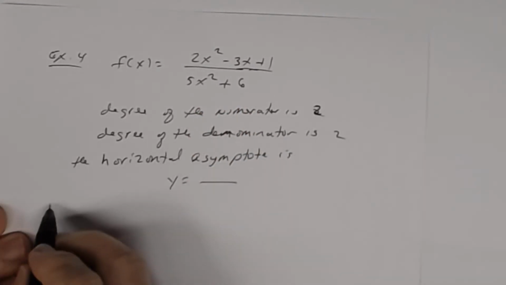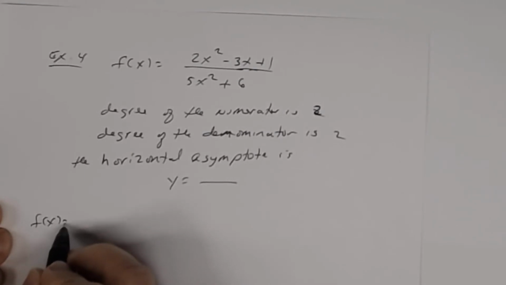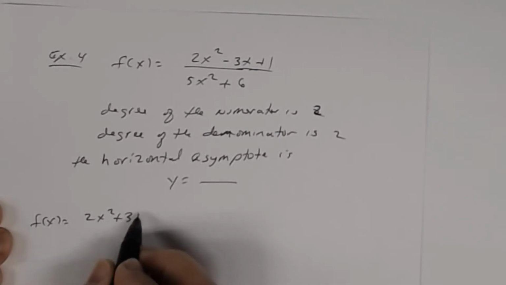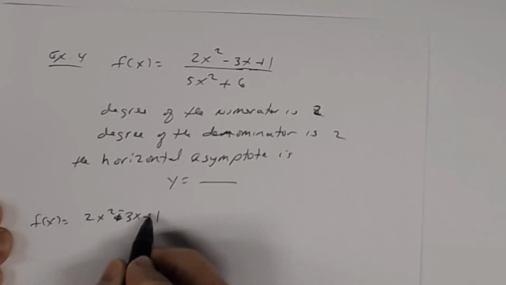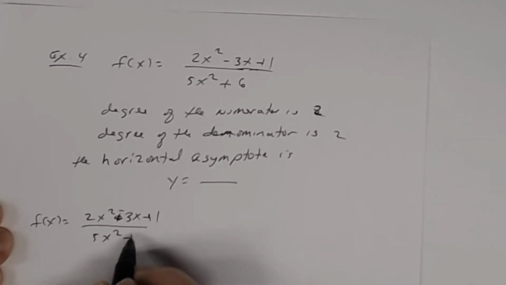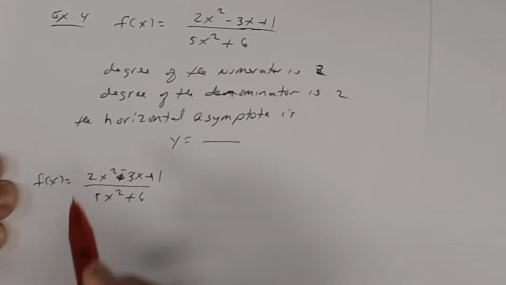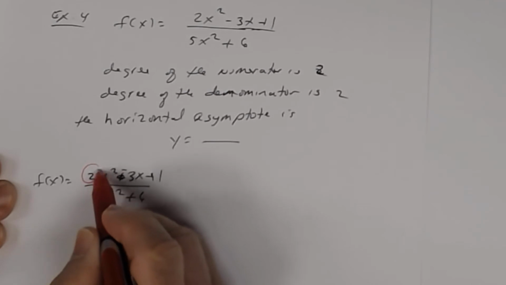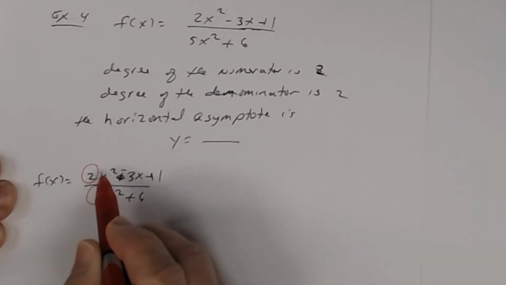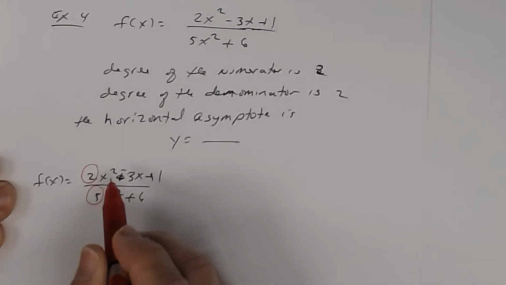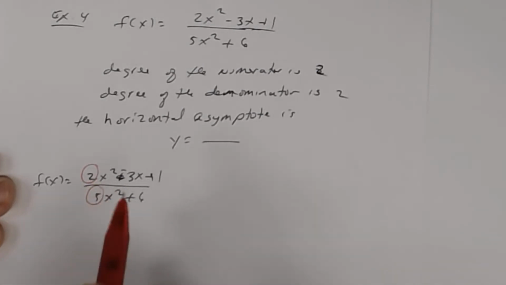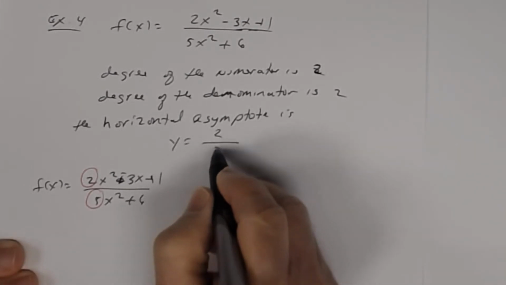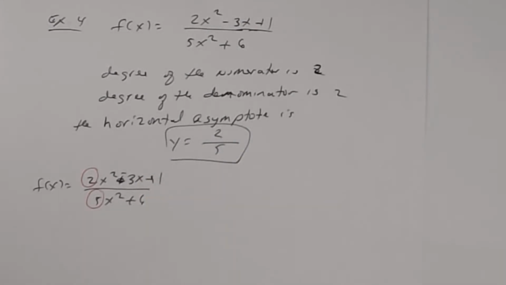Let me rewrite this so I can circle: f of x equals 2x squared minus 3x plus 1 divided by 5x squared plus 6. So it will be 2 divided by 5. So 2/5 is your horizontal asymptote. It's very simple.